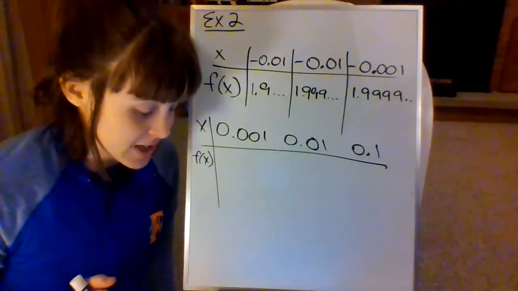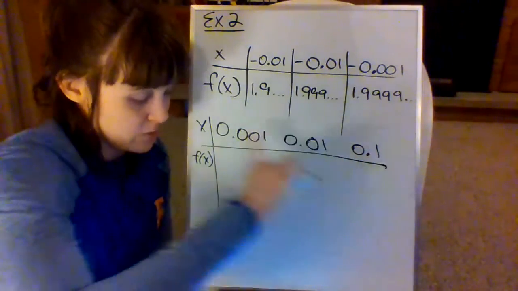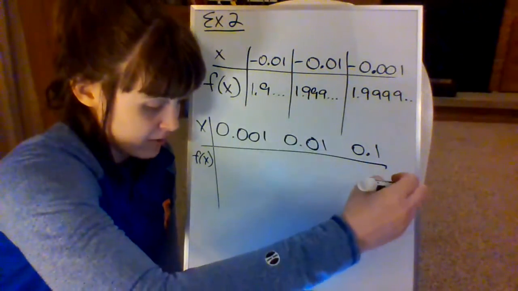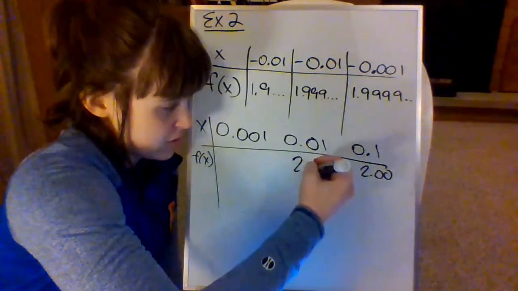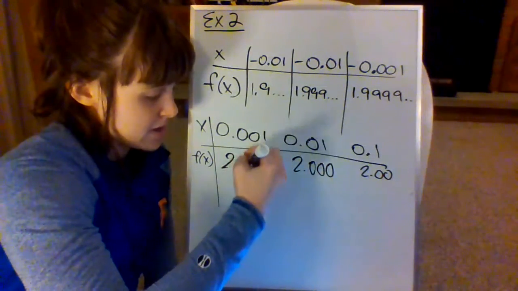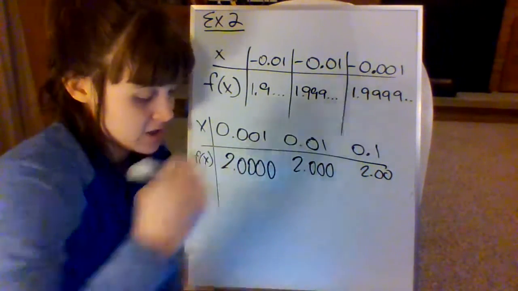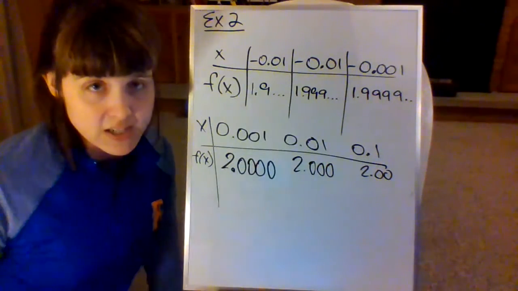Okay, so if you're looking at your notes that I posted to Google Classroom, as we're coming in from the right side of this, we have like 2.00, 2.0000, and then 2.0000. So it looks as if we're approaching 2 from the right as well.